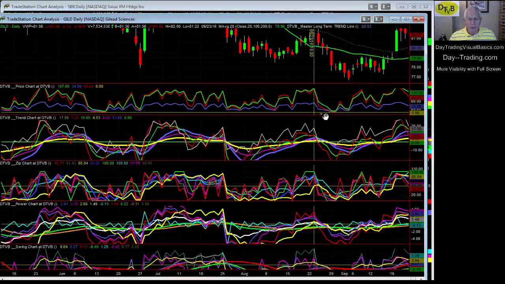But another example is over here. In this case we have a BOC pattern lower in both the price green and red and in the trend gray lines. We also have the same down in the zip chart, and it looks like the other way around in the power chart, and of course then we have a BOC lower in the swing chart.